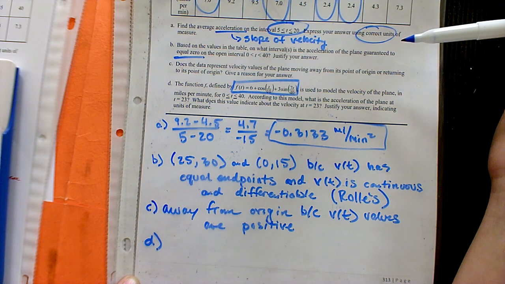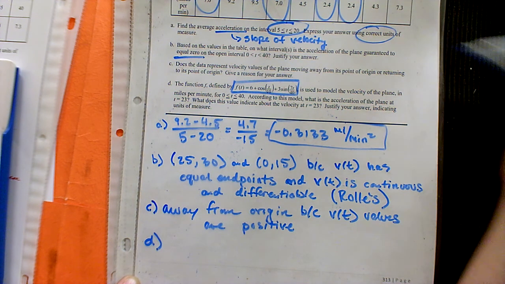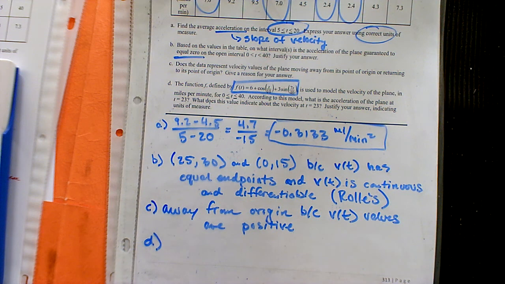Because it could be going away from the origin, just in the negative direction. So that's when we'd have to figure out how much we move to the right versus how much we move to the left. And we're not quite at that point yet. We're going to focus on that criteria in Unit 6 a little bit more.